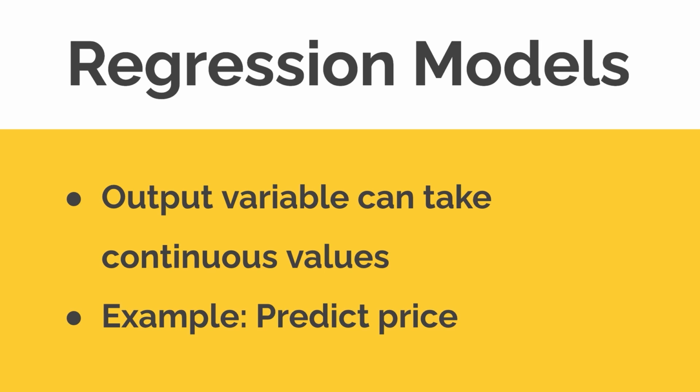So predicting the price of a car based on all of its features, like its release date, its brand, its other features that you could possibly think of. Another example is predicting the value of a stock based on its history. That is another example of what a regression model can do. Any kind of output that is a continuous value is an output that could be given by a regression model.